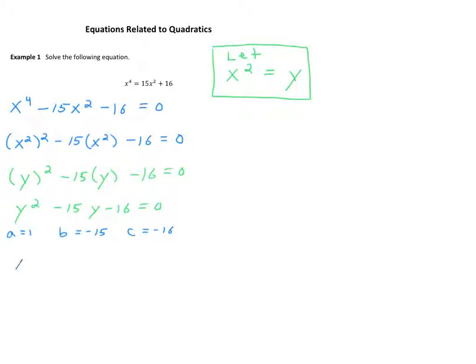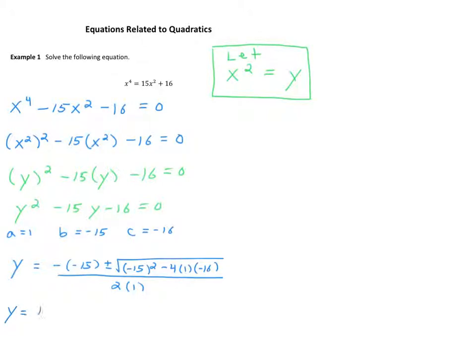And note that y is equal to negative b plus or minus the square root of b squared minus 4 times a times c all over 2 times a. And I'll just point out that I can call this y because it's referring to the variable in the quadratic equation.